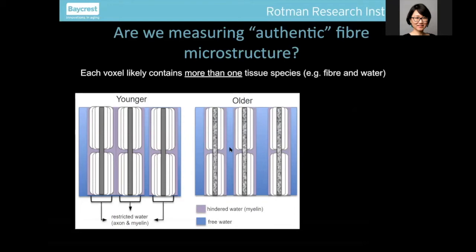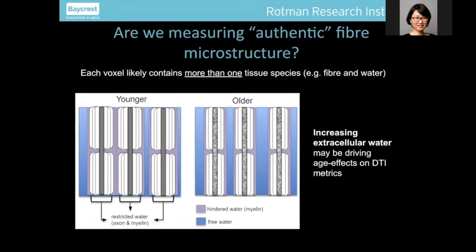So free water, the definition is really not a biological definition as it is a measurement definition. So it sort of gives us a sense of how much extracellular space there is. And we get a sense that increasing extracellular water might be the one that's driving the age effects on conventional DTI metrics, not so much the cellular ones. So we want to be able to separate the two.